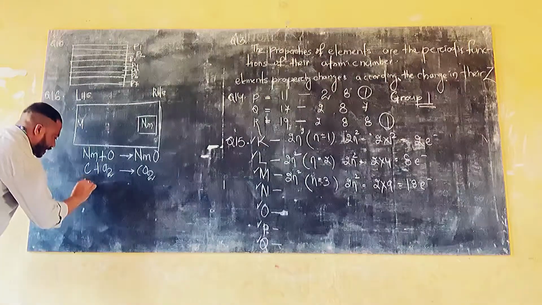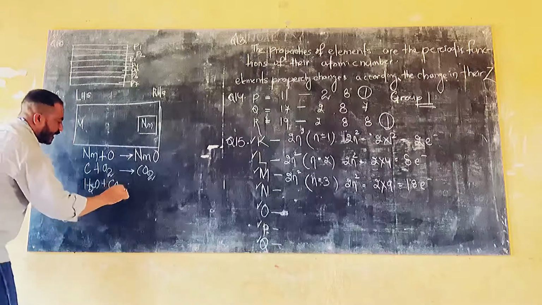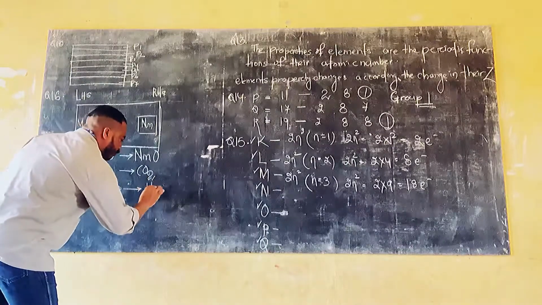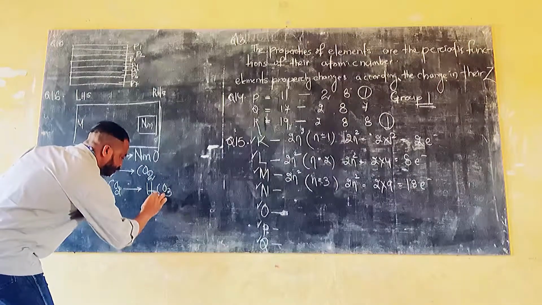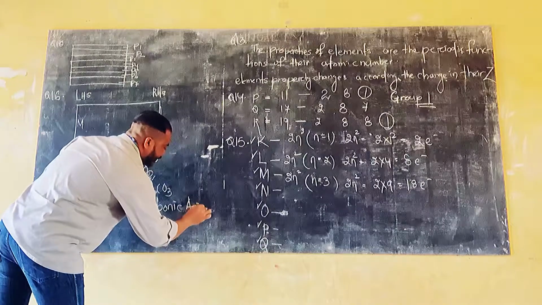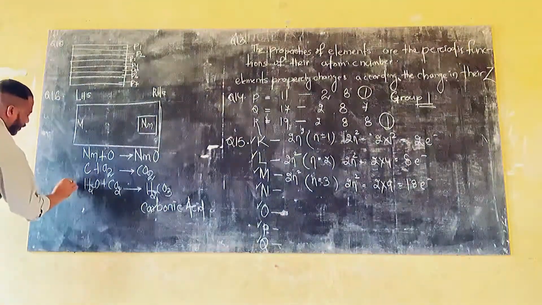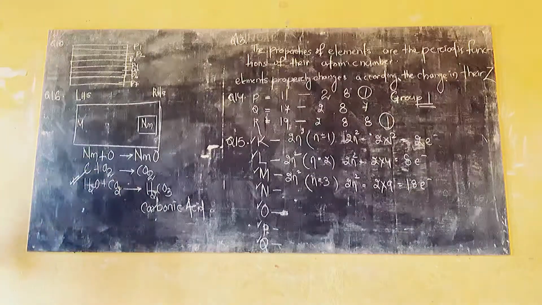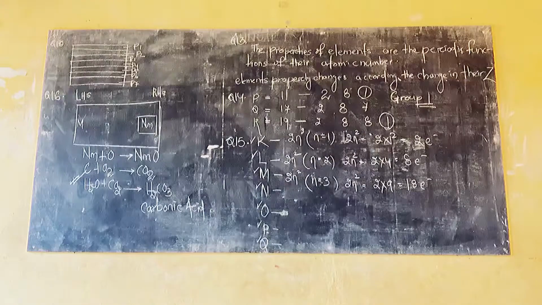When carbon dioxide comes in contact with water, it will produce H2CO3, that is carbonic acid. So clearly, it will be acidic in nature. Done.